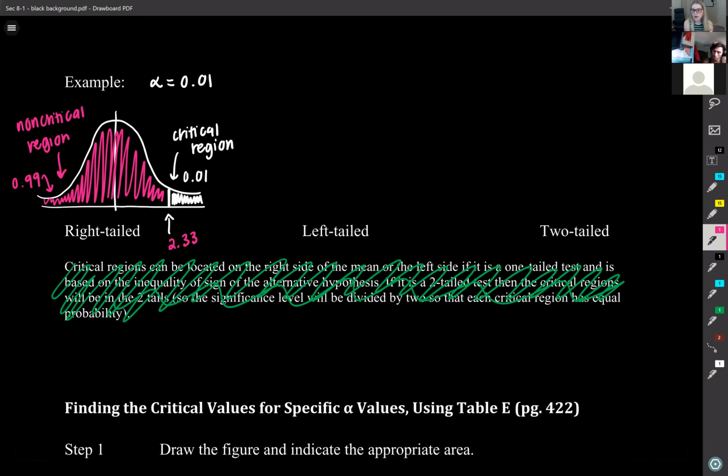Also, these are all in the book because these are really common, the significance level being 0.01. These are all listed in the textbook. I actually have a little image of a chart that shows you, for the 3 most popular significance levels for the left-tailed, right-tailed, and two-tailed tests, what these values are.